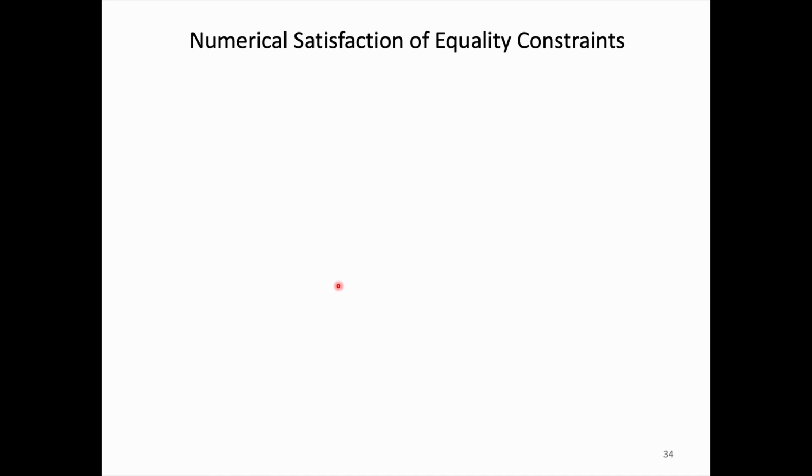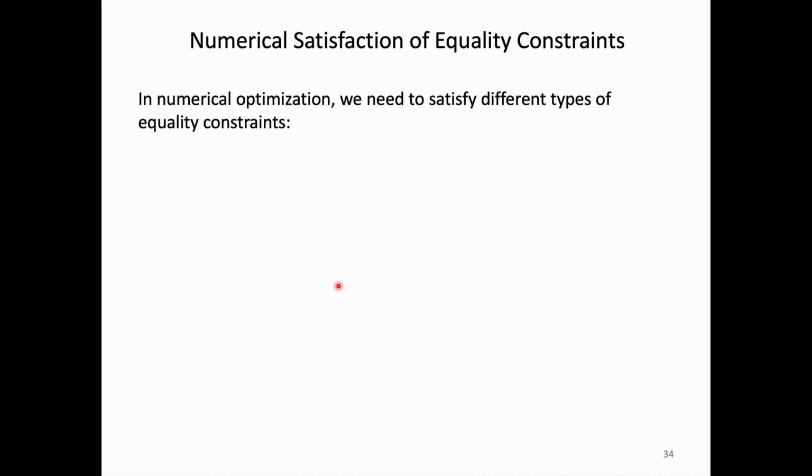Let's talk for a moment about numerical satisfaction of equality constraints or equality relationships. We have several different types of equality constraints that we need to satisfy. For example, we may be looking for stationary points.